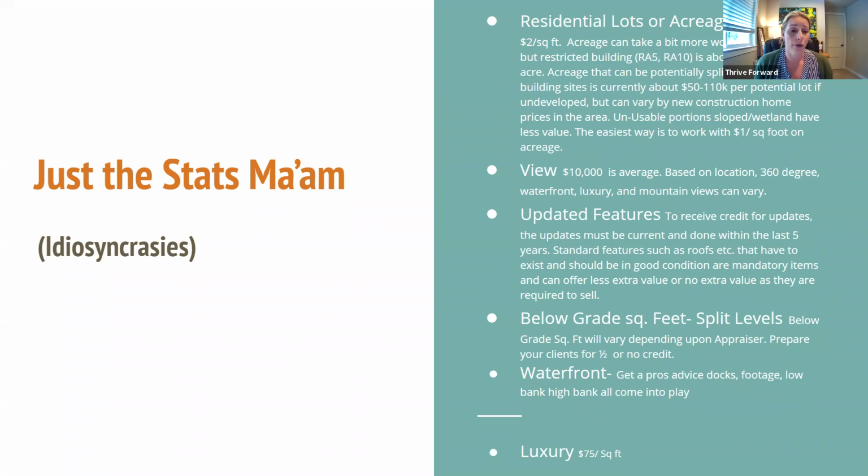There are footage problems you have to figure out, and what kind of docks it has, and does it have lifts, and all those kinds of things that are different variables. I think this is probably not the class to get into that super deep, but you do want some expert advice on that, and I would rather get back to what we're doing every single day with these listings as opposed to Waterfront. Does that make sense to everybody?